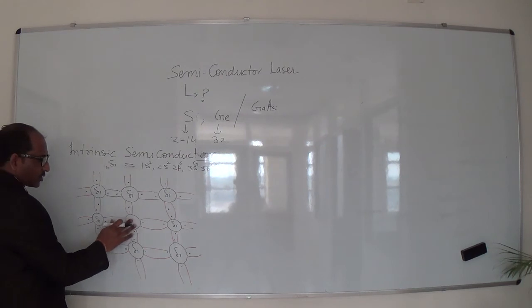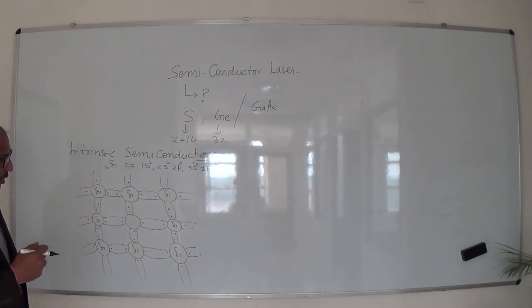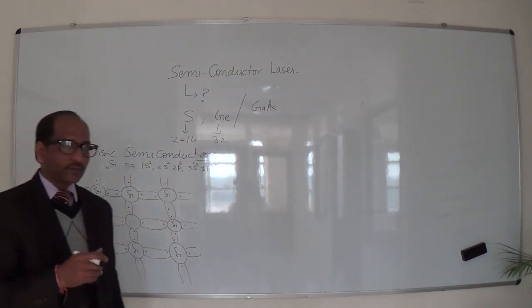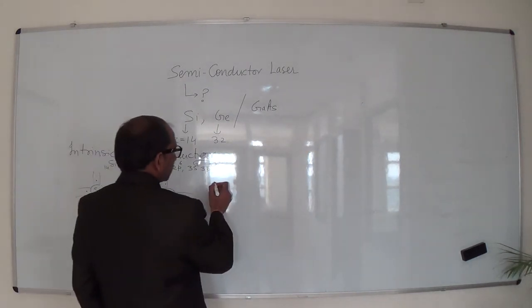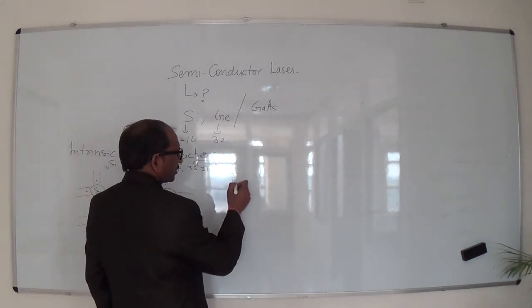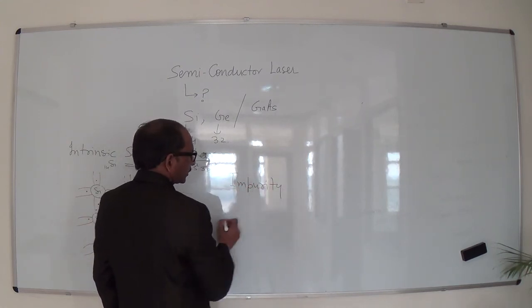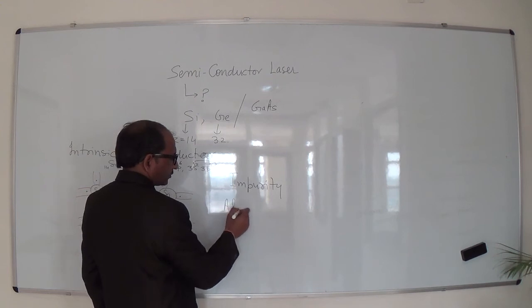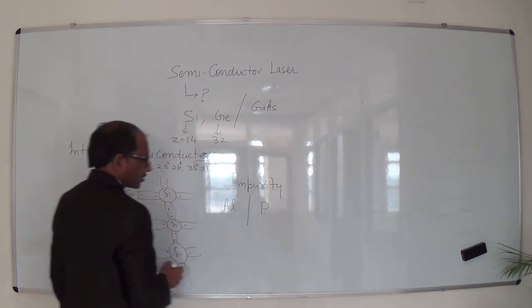Now suppose I have to increase the conductivity of the semiconductor material. So what I will do is add some impurity into this. Impurity may be trivalent like aluminium, or pentavalent like phosphorus.